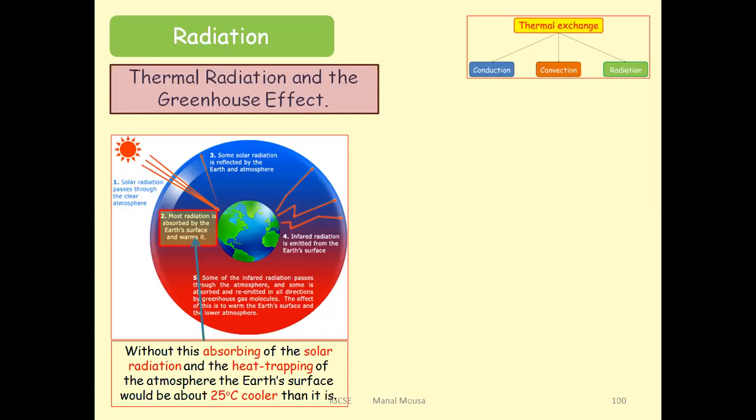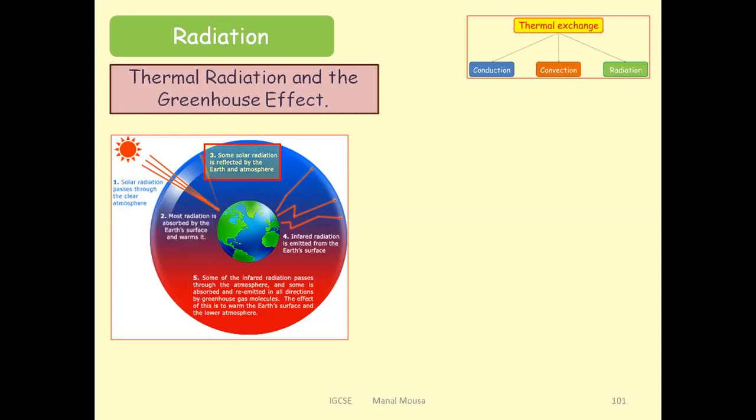Without this absorbing of the solar radiation and the heat trapping in the atmosphere, the Earth's surface would be about 25 Celsius cooler than it is. Third, some of the solar radiation is reflected by the Earth and the atmosphere.